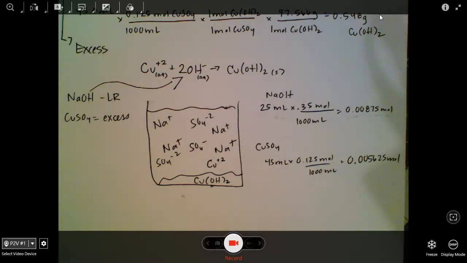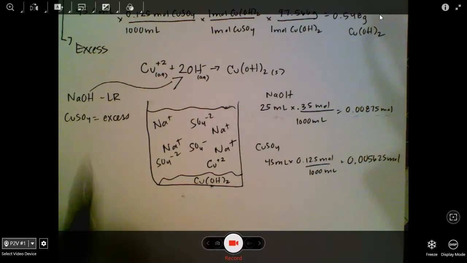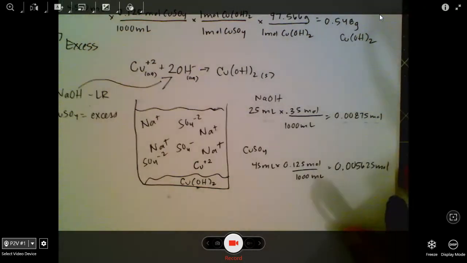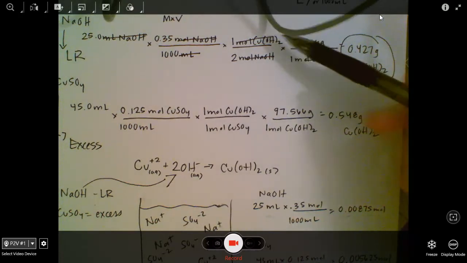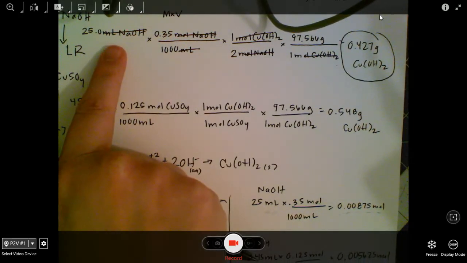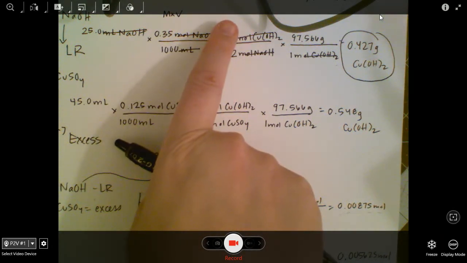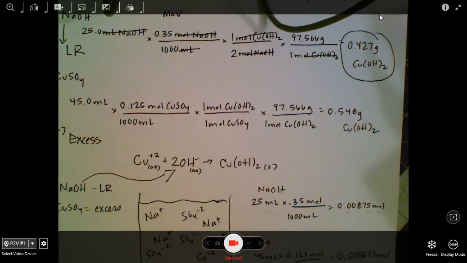Now you say to yourself, this doesn't make any sense because you told me NaOH is a limiting reactant. And that's correct, it is. And the reason why it's a limiting reactant is because of the 2-to-1 mole ratio. So even though I start off with more moles of NaOH to start off with, because I need 2 moles of them to make 1 mole of copper hydroxide, I end up making less precipitate.